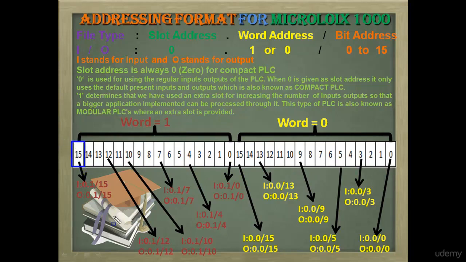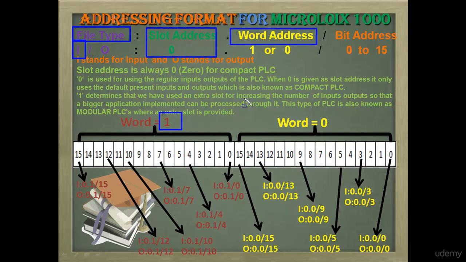Now addressing for the bit 15 in word 1. For the input addressing, file type I, slot address 0, word address 1, and bit address 15. Now the address is I colon 0.1 slash 15.